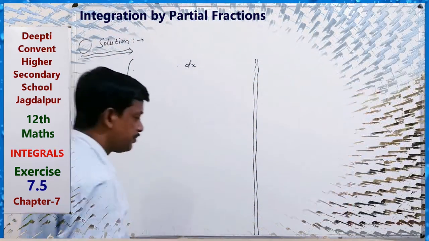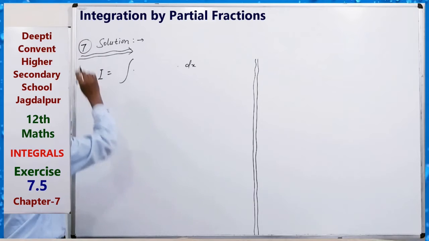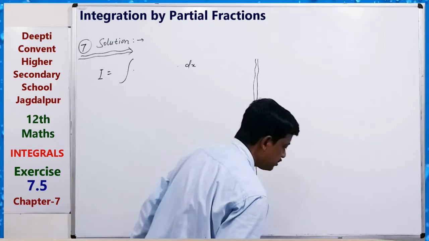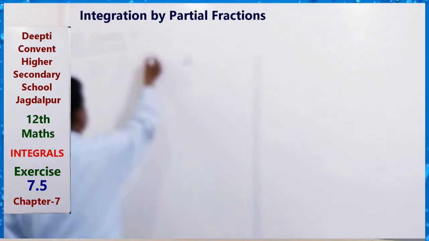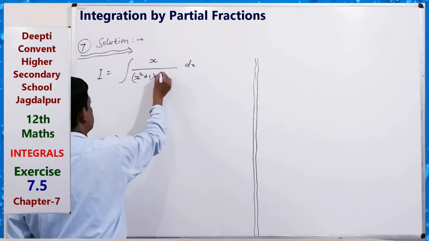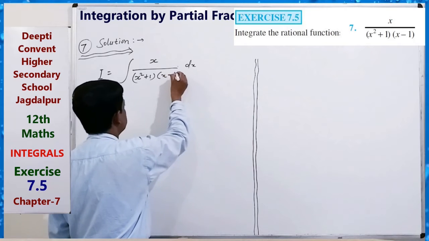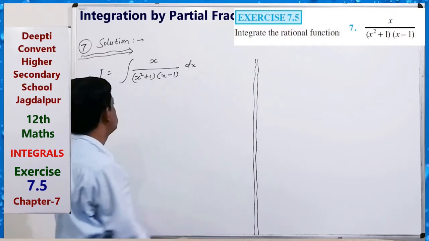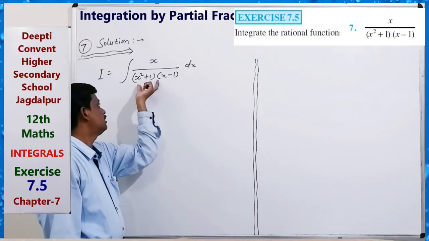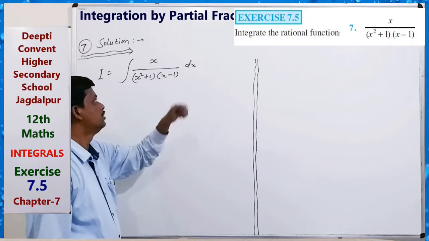Now take question 7. Question 7: x upon x square plus 1 into x minus 1. So we see here it is also a rational function, but the denominator after multiplying is 3 degree and the numerator is 1 degree, so it is a proper fraction.